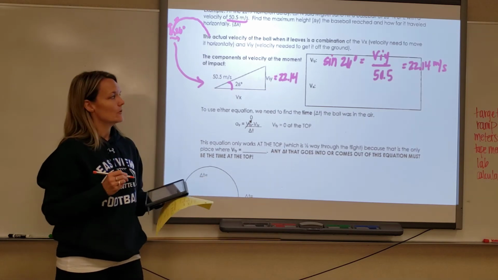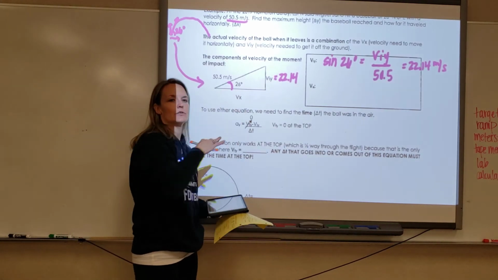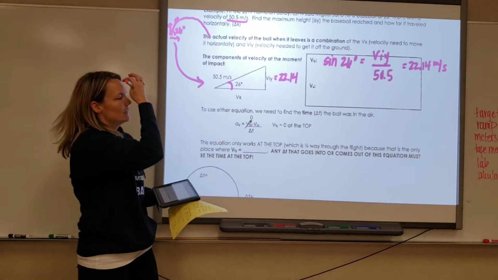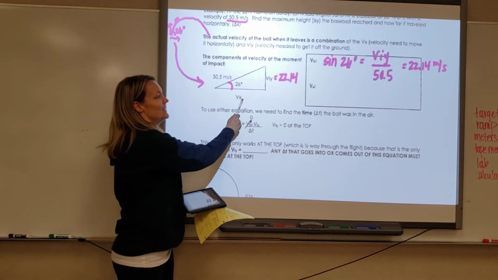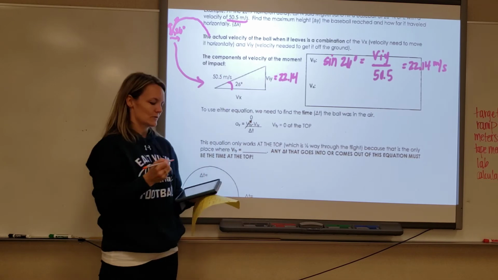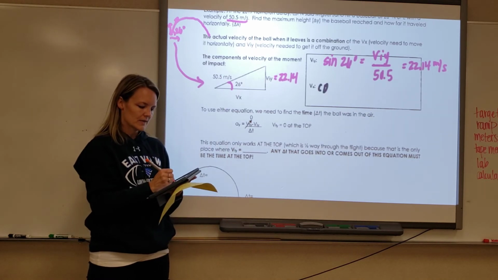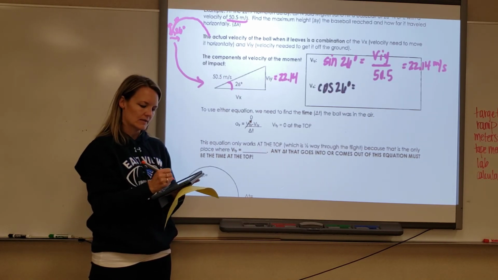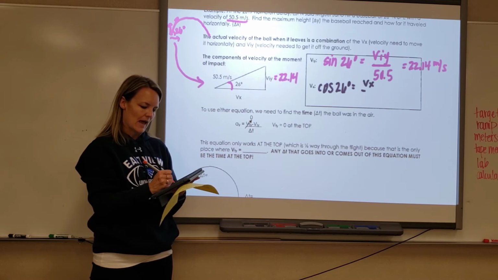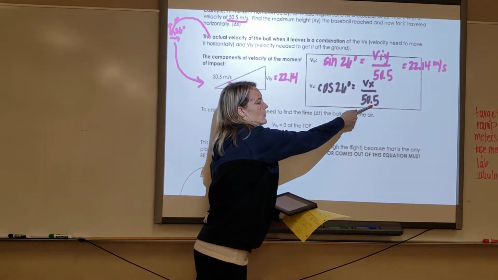From here, in order to find how much of the velocity is used to push the ball outward, I need to find Vx. It is the adjacent, which means I have to use cosine. So cosine of 26 degrees is equal to Vx over 50.5, adjacent over the hypotenuse.